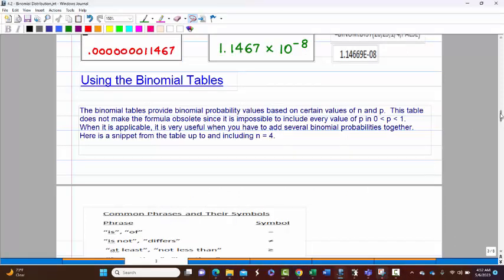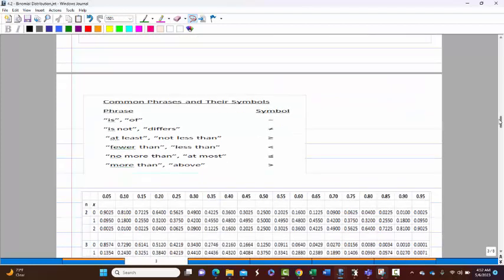Okay, now this we have to be careful when we're reading wording, and this will come up later in another chapter too, in the third unit. I don't try to get too tricky, but we're not going to really need the differs right now. We will later, but "at least" means greater than or equal to. Fewer than, less than, that just means less than.